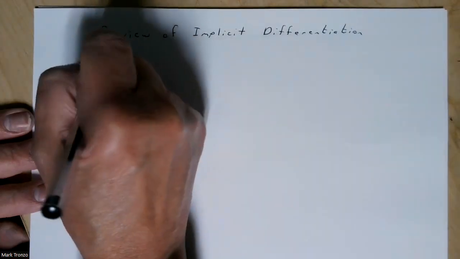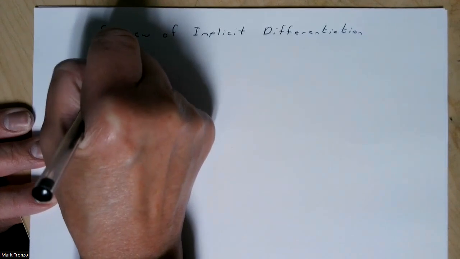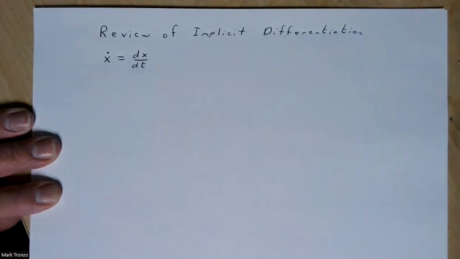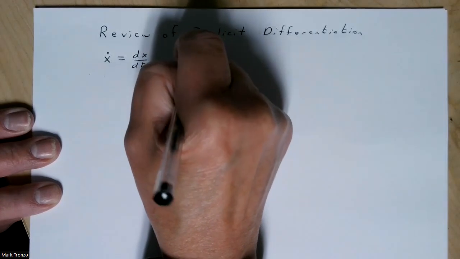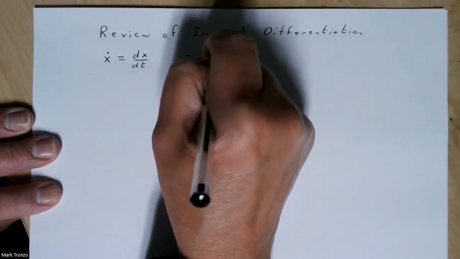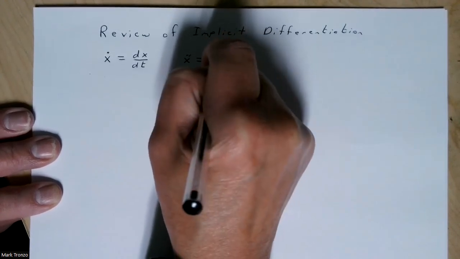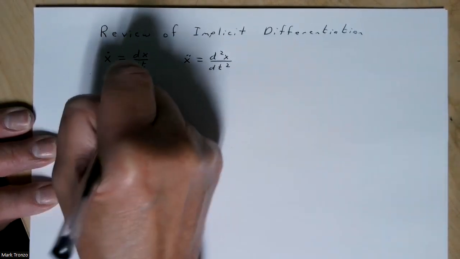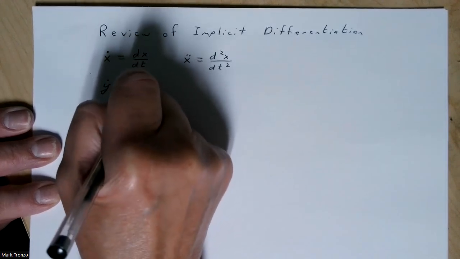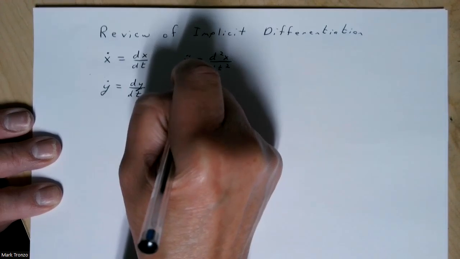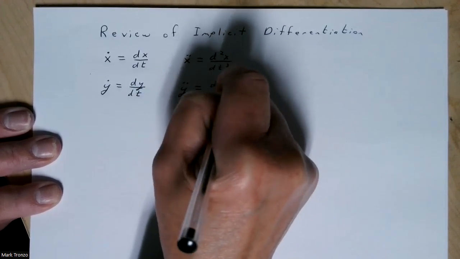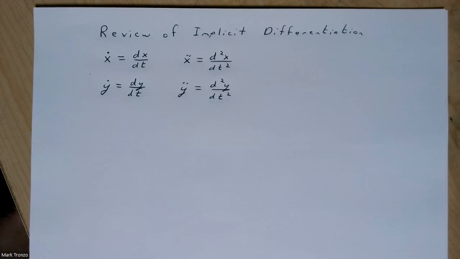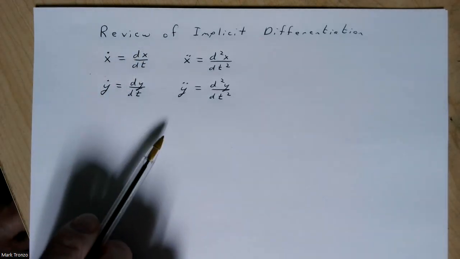One thing to mention here: we're going to call x dot the derivative of x with respect to t, and x double dot the second derivative of x with respect to t. y dot is going to be dy/dt, and y double dot is the second derivative of y with respect to t. So keep that. We're going to use this notation.